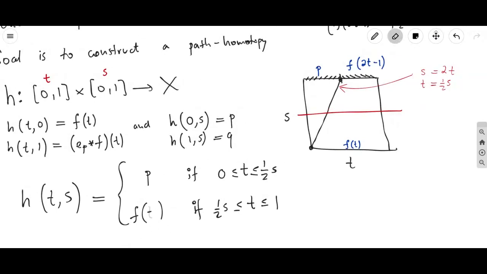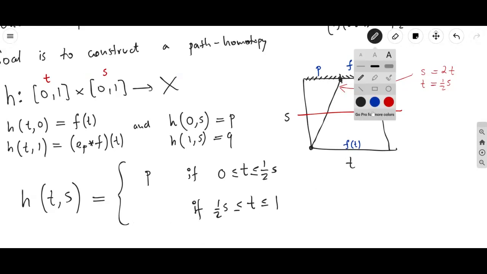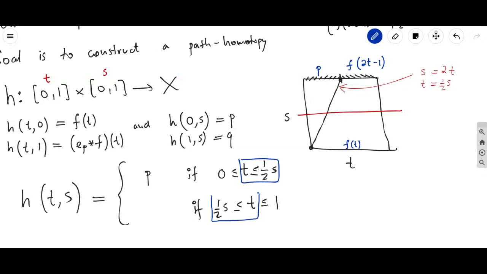The reason why this is not going to work is because notice the lower edge is f of t, and the upper edge is 2t minus 1. So somehow there is a change in coefficient. The coefficient in front of the t variable has to gradually change from 1 to 2. So within here, you're supposed to reflect that somehow. The other thing that's supposed to happen is that these are the overlapping conditions.